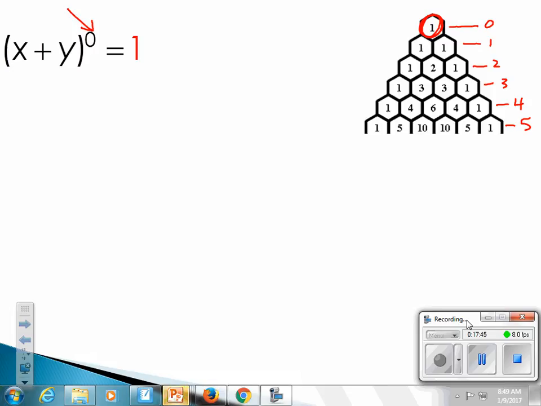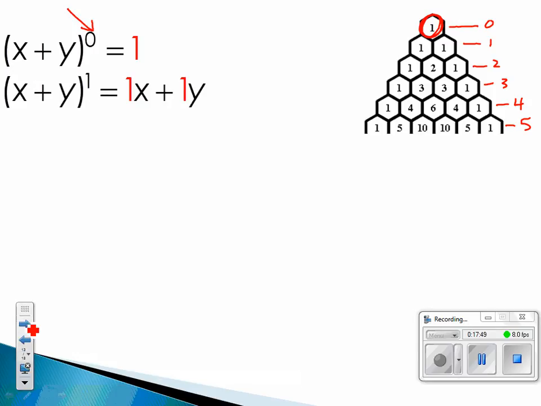But y'all already knew that rule. Okay, let's say I've got x plus y to the 1 power. That means I'm going to get 1 and 1 as my coefficients. And then I have x on the left, and then y on the right.